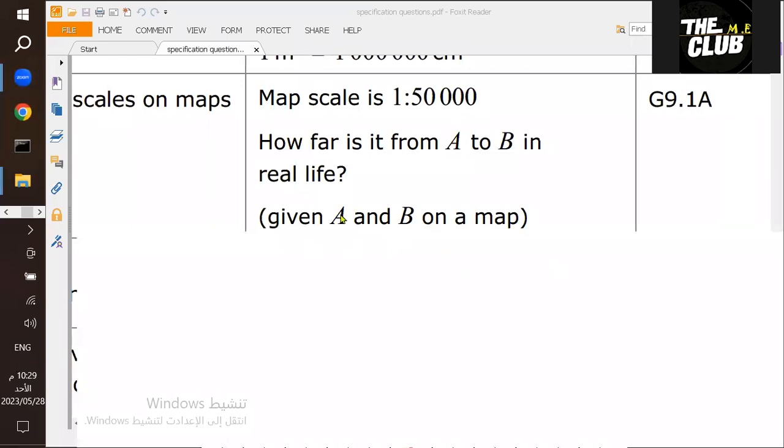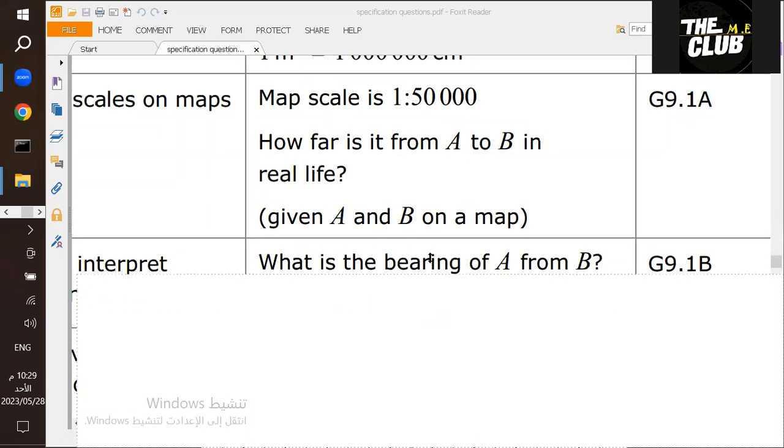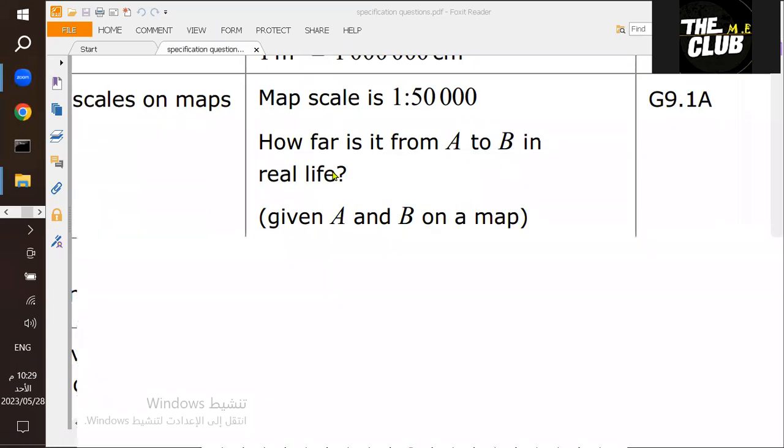Now, this is not a question. That's an example because they have to give you something. For example, this is the scale. They gave you the scale. You know that each centimeter on the map equals 50,000 centimeters in real life. And then how far is A from B?